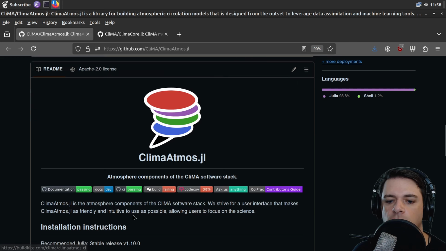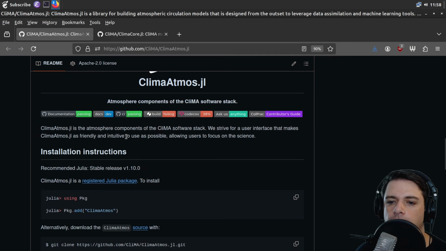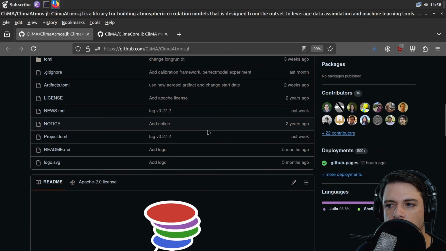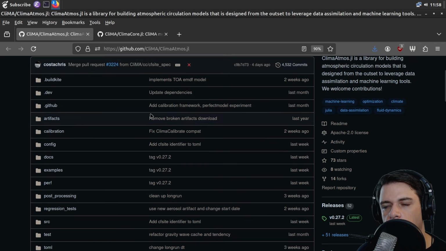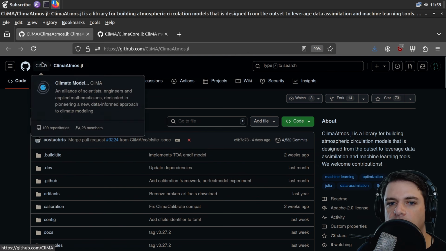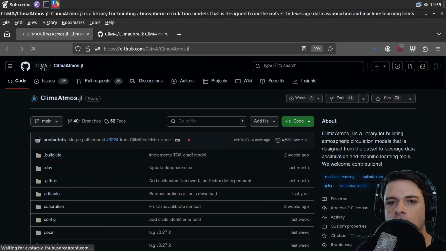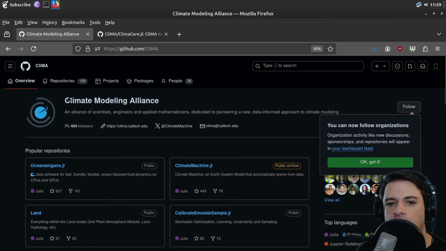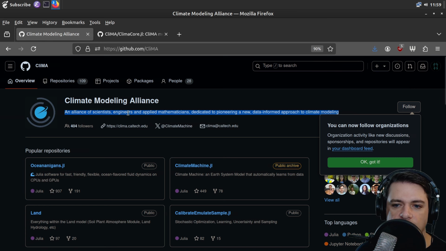What about the atmosphere? Yeah, so far this seems like maybe the most interesting project to me from a coding point of view, in terms of what we can learn about their code. Because all of this climate stuff, is this Climate Machine? I forget what CLIMA stands for. Climate Modeling Alliance, an alliance of scientists, engineers, and applied mathematicians dedicated to pioneering a new, data-informed approach to climate modeling.